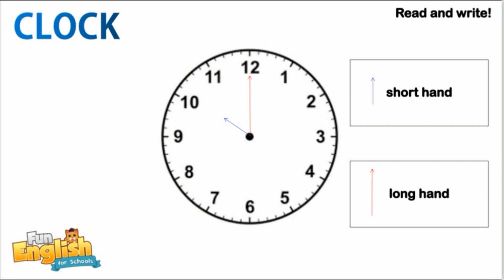Now, let's try to read this clock. The short hand shows number 10, and the long hand shows 12. The short hand is at 10, and the long hand that represents minutes shows 12.